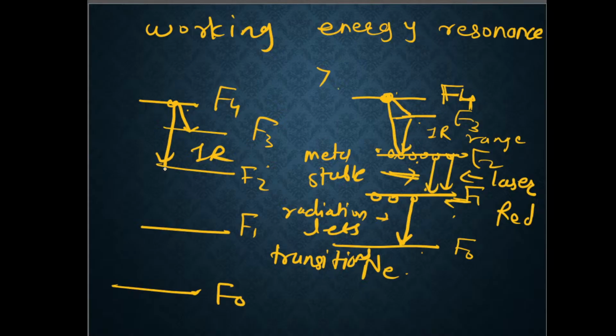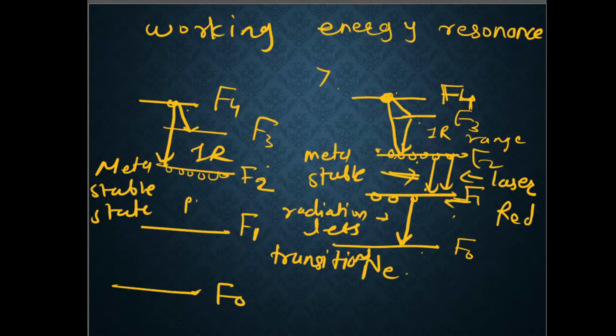Then whatever atoms come to F2 stay for a long time, because it works here as a metastable state. Whenever the number of atoms becomes more, because in this case also F1 is the lower energy state and F2 is the higher energy state, that means the number of atoms in the F2 state is more than in the F1 state.